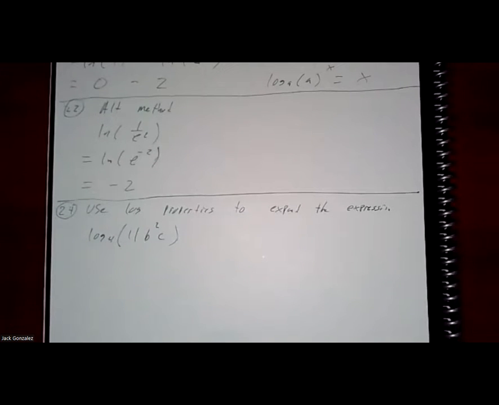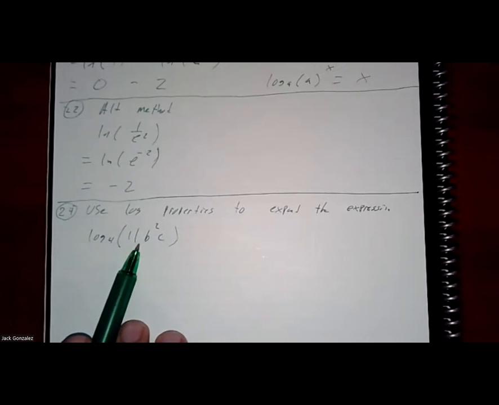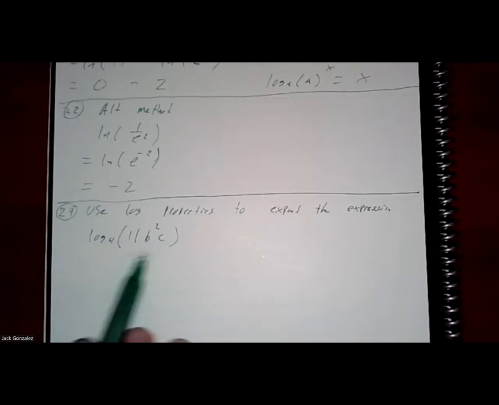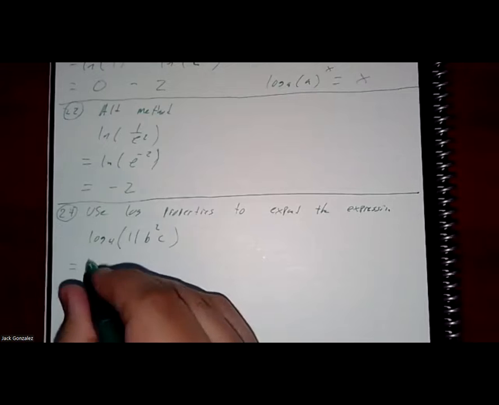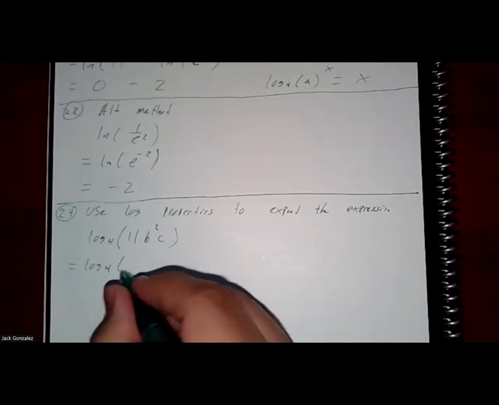Log base 4 of 11b squared c. So you have 11 times b squared times c. So this is 3 products. The first thing you should do is a product rule on each factor.